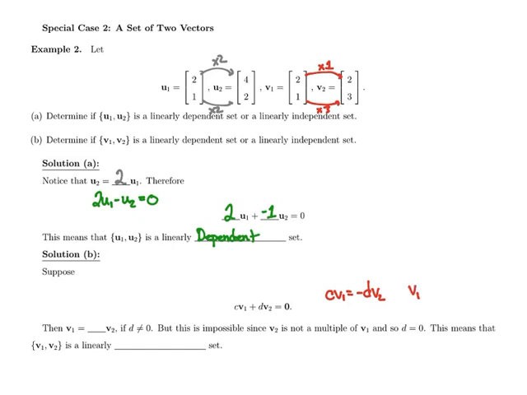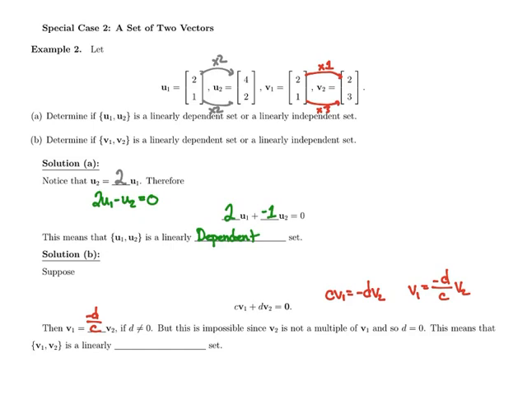and then we can write that as v1 is equal to negative d over c times v2. That is the case if d is not equal to 0. If d equals 0, then everything is multiplied by 0 and things go wrong. But this is not the case, because this means that v2 is a constant multiple of v1. Maybe a fractional constant, but it's still a constant multiple, and we just showed that that's not the case.